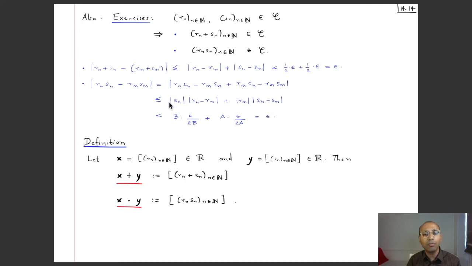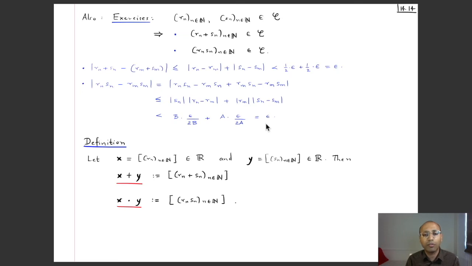But we know that mod of Sn is less than or equal to B, and mod of Rm is less than or equal to this fixed number A. And we know that this can be made small if we go far enough in the sequence, and in particular it can be made smaller than epsilon by 2B, where epsilon positive is a rational number given at the outset. And similarly, this can be made small if we go far enough in the sequence. So for example, it can be made smaller than epsilon by 2A. And so we have that this thing can be made smaller than epsilon if we go far enough in the sequence.